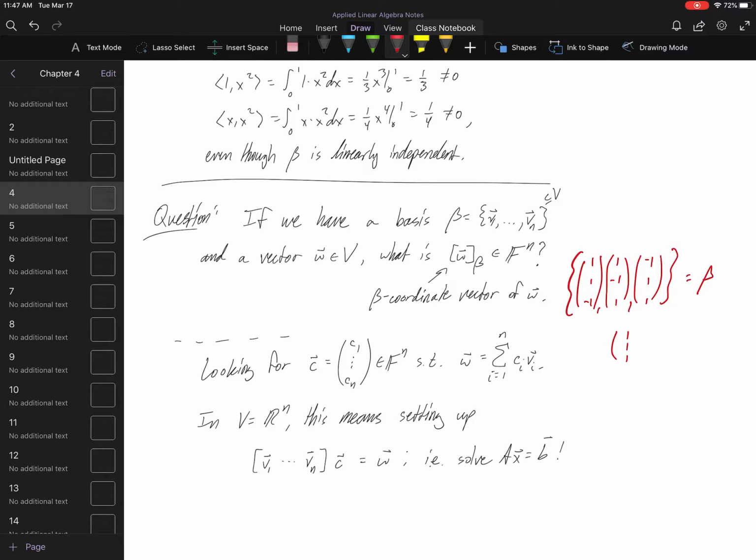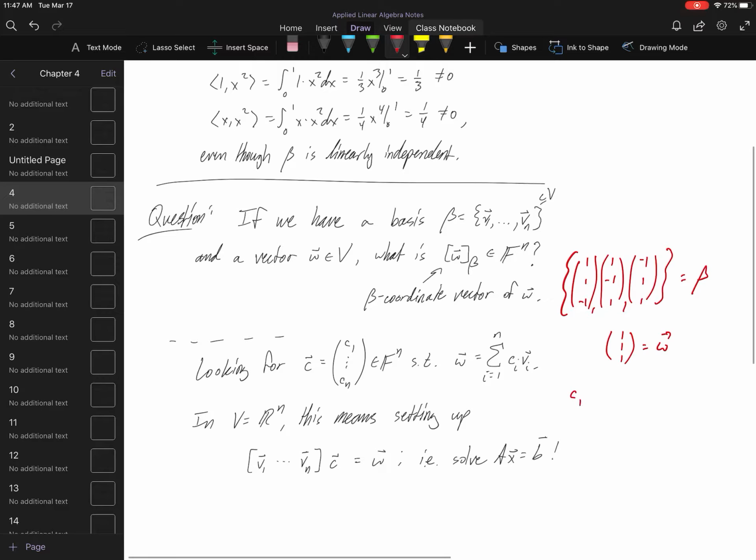And we're trying to produce, say, the (1, 1, 1) vector. Then what we have to do is ask, what weight do I have to attach to this vector, and to this vector, in order to produce the W vector, which was (1, 1, 1).